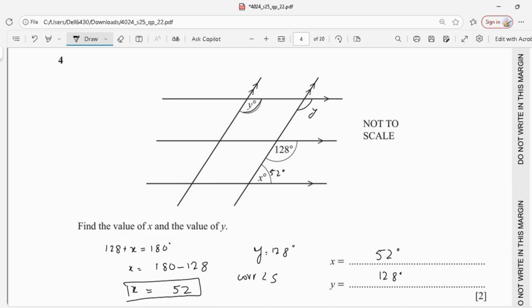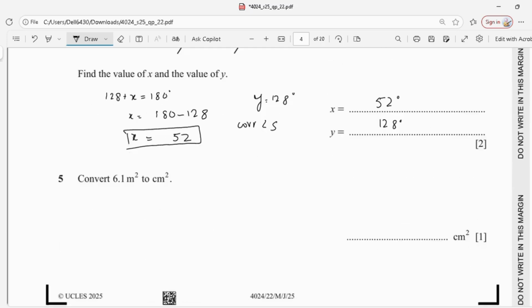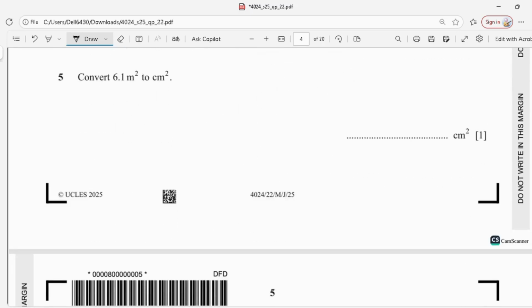Now the next question is, convert 6.1 m² to cm².